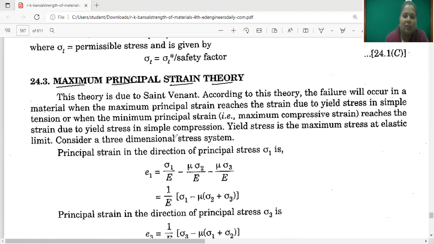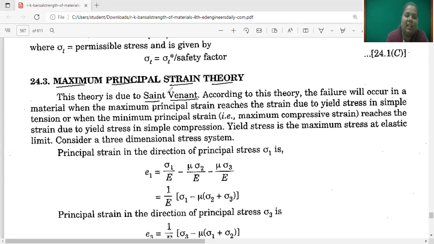Okay, so here also there are chances to ask an MCQ, on who developed this theory, and a scientist name will be given. So first write: this theory is due to Saint Venant.